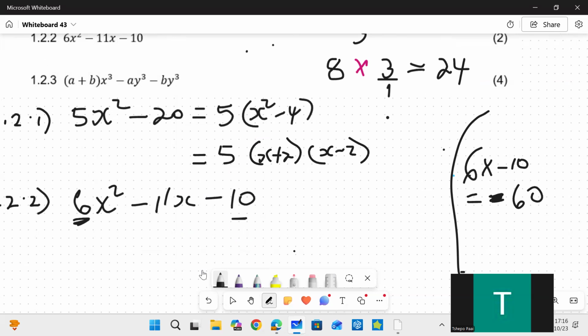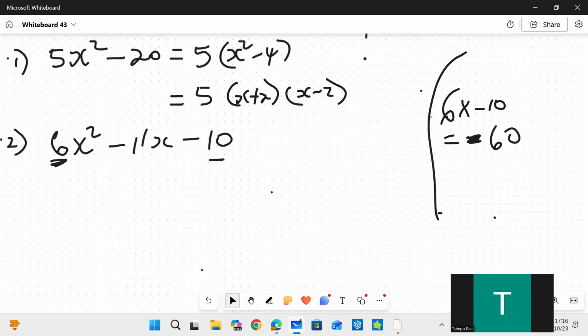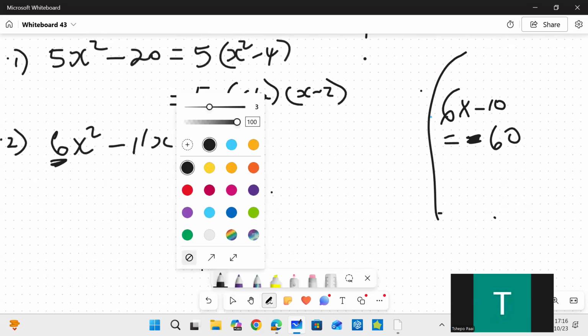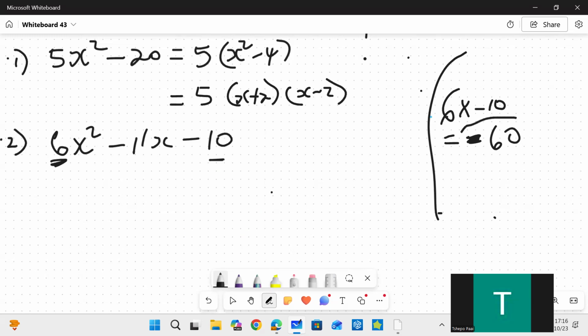Look for factors of minus 60 that can give you a difference of minus 11. Those factors will be 15 and 4, because 15 times 4 will give us 60, and we will make that 15 negative and 4 positive, so that minus 15 plus 4 gives me minus 11, and minus 15 times positive 4 is minus 60.